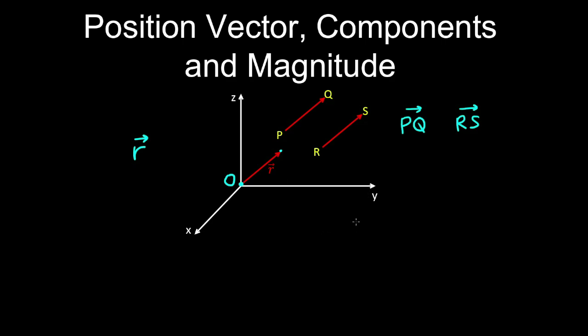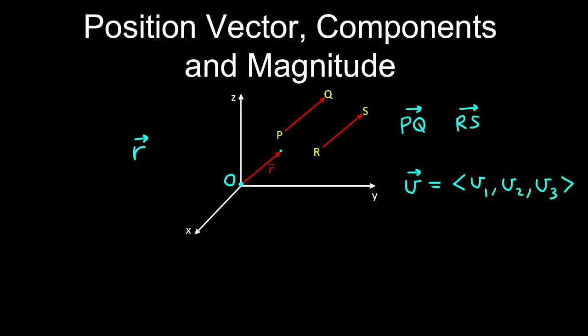Now generally, we specify a vector in component form by writing the coordinates of its terminal point when it's in standard position. So generally, for a vector v drawn from the origin, in 3D space, it has components v1, v2, and v3.